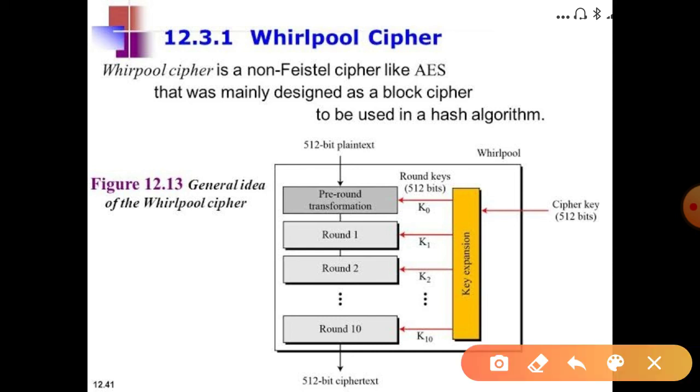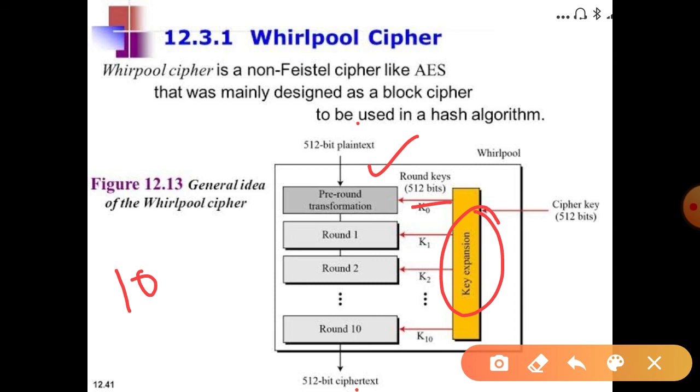First, the first block of 512 bits is given as input. A key generation algorithm generates the keys, and then we perform some operations. In total there are 10 rounds in this Whirlpool block cipher. We give 512 bits as plain text, and the digest is also 512 bits. So 512 bits, 10 rounds, and then the ciphertext acts as the key for the next round.